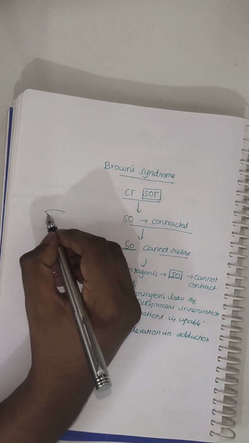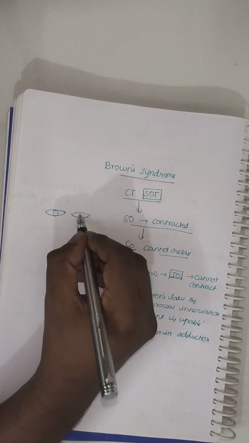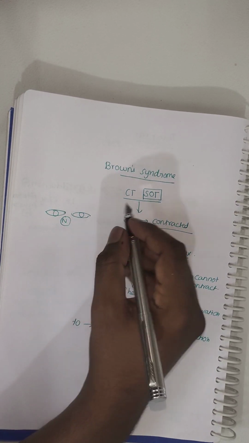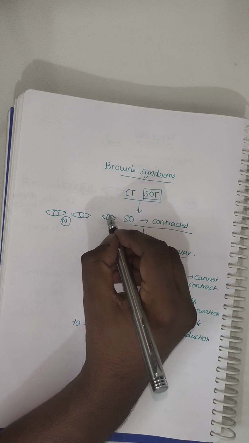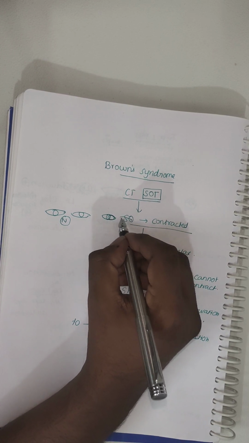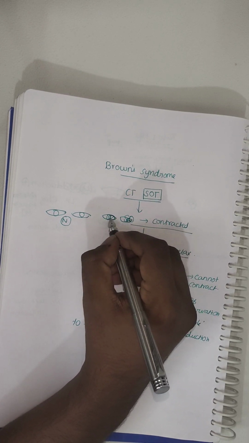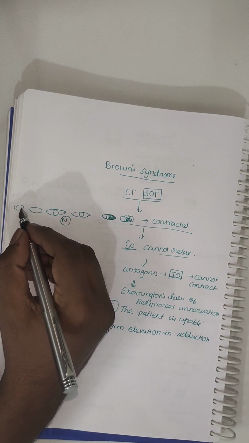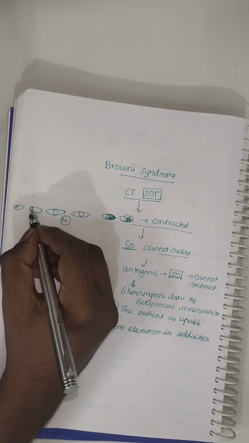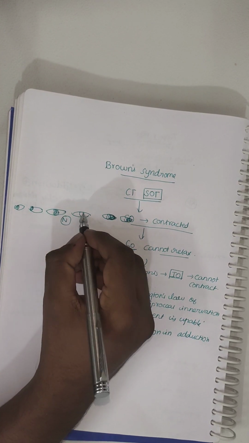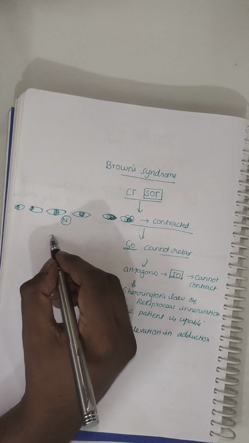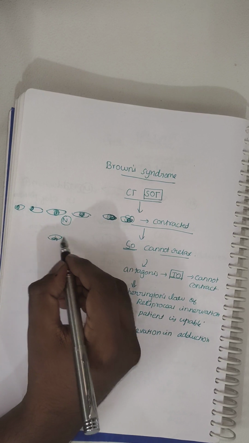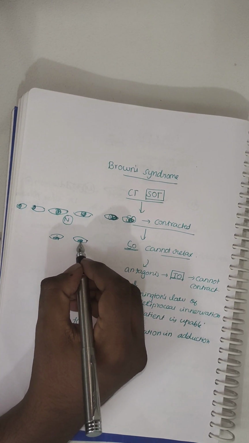The primary gaze of the patient is normal. Left gaze is normal. Right gaze is also normal. Downward gaze is normal.